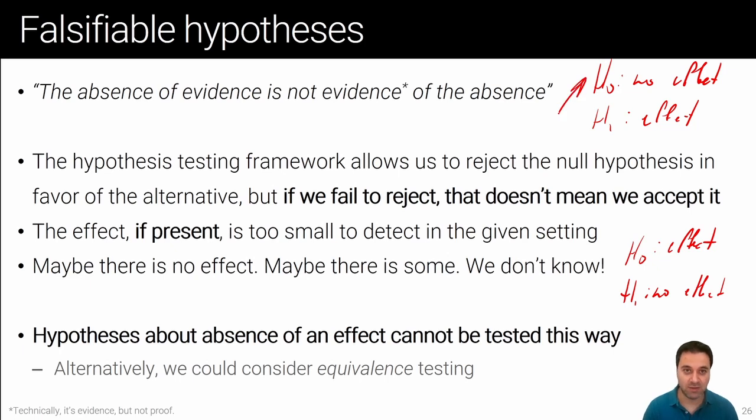We either reject it or fail to reject it. If we really want to test something like the absence of an effect, then there's something called equivalence testing, and it's essentially in the direction of testing whether the effect is sufficiently small, so whether it's contained within certain boundaries that we arbitrarily set to be too small or irrelevant in our case.